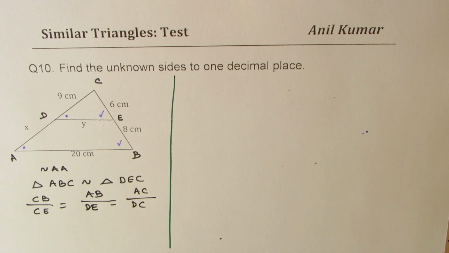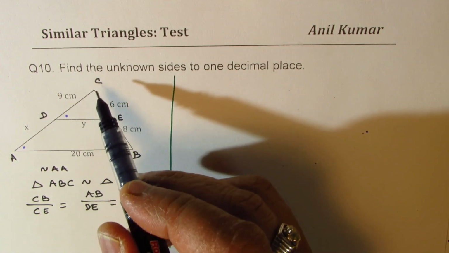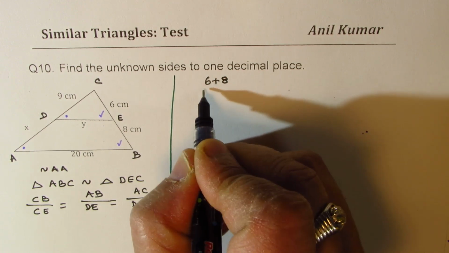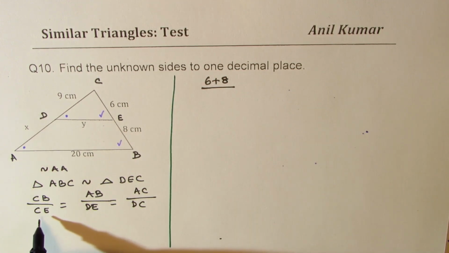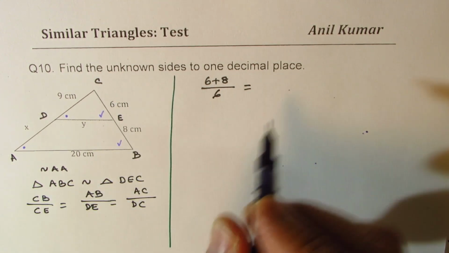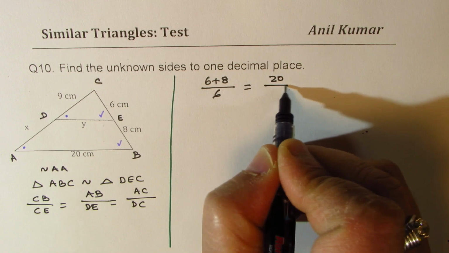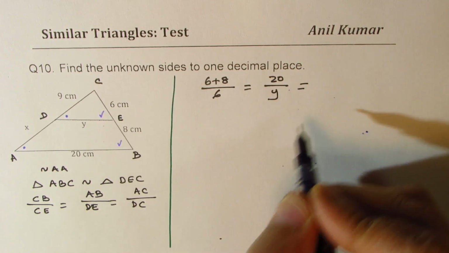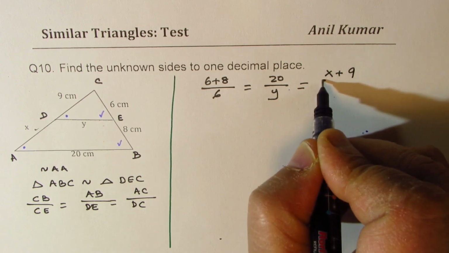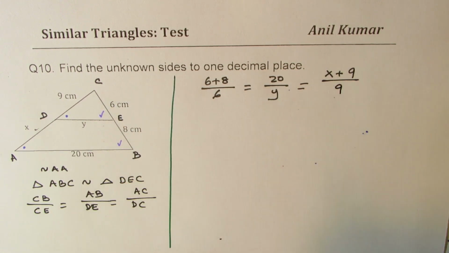So let's write down the values given to us. CB, C to B is 6 plus 8. So we can write 6 plus 8 over CE, C to E is 6, equals AB, which is 20, over Y, and that should be equal to AC, which is X plus 9, over 9. Correct?